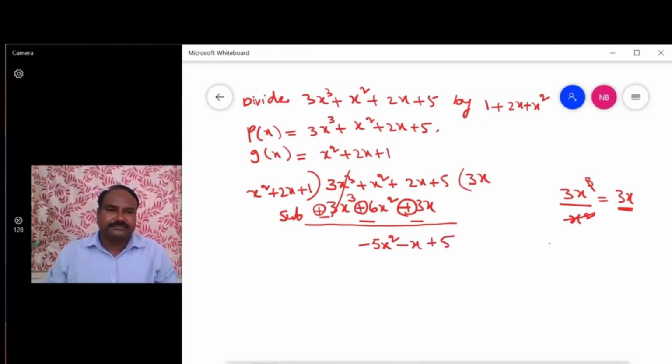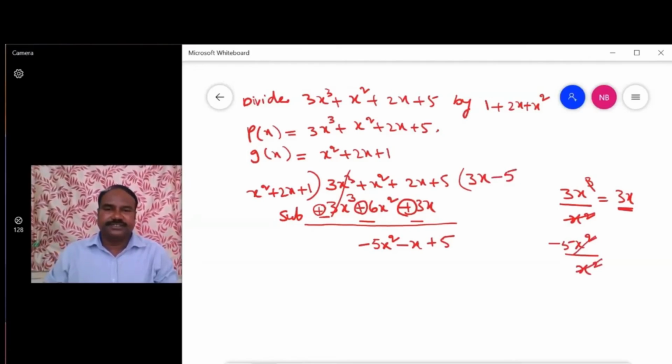Again, first term is minus 5x square, and first term of the divisor is x square. X square gets cancelled, we will get minus 5. So multiply this x square plus 2x plus 1 with minus 5. Minus 5 into x square is minus 5x square. Minus 5 into plus 2x is minus 10x.